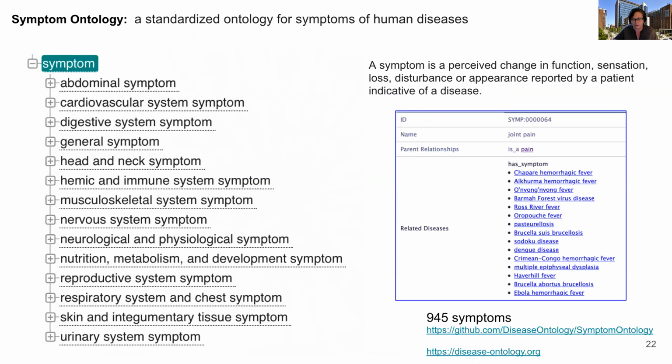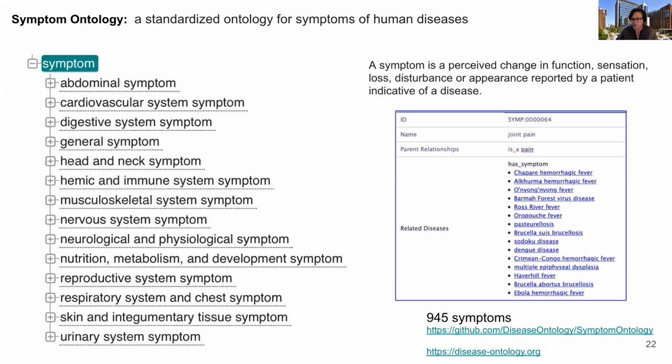Okay, and just last two slides to introduce you to the Symptom Ontology. This is an ontology we started 15 years ago along with the Disease Ontology project because we wanted to have a rigorous way to collect symptoms. Over time it's been pretty steady, and we've been integrating more information. But one thing I want to point out on the ontology side, in the screenshot I'm showing you on the right in the blue box, from the Disease Ontology website: what these imports allow us to do is have another view of disease.